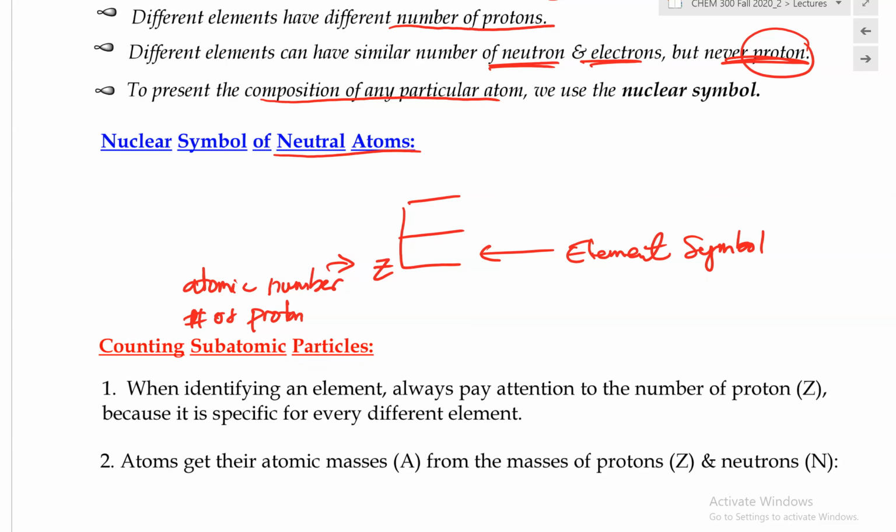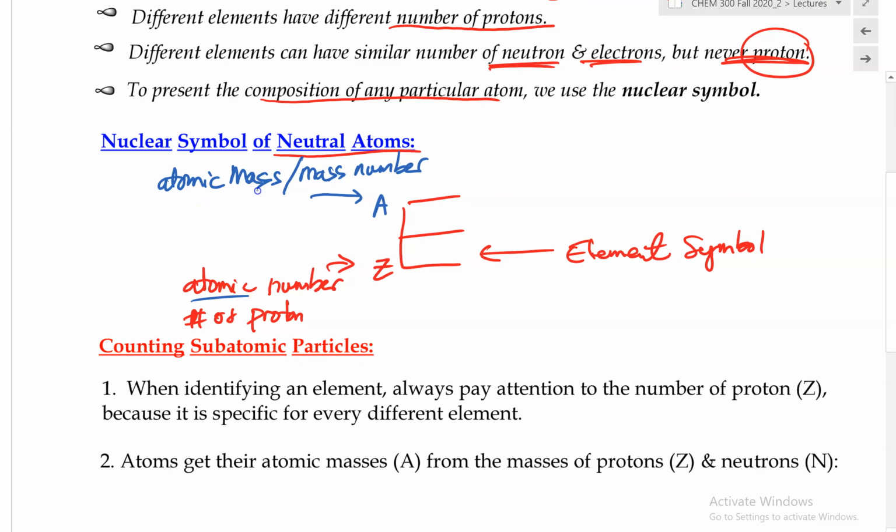And on the top left corner of the element symbol, this is where we put the atomic mass. The atomic mass is abbreviated with the letter A. So A here is the atomic mass, which is also referred to as the mass number. Now, please remember that this is different than the atomic number.